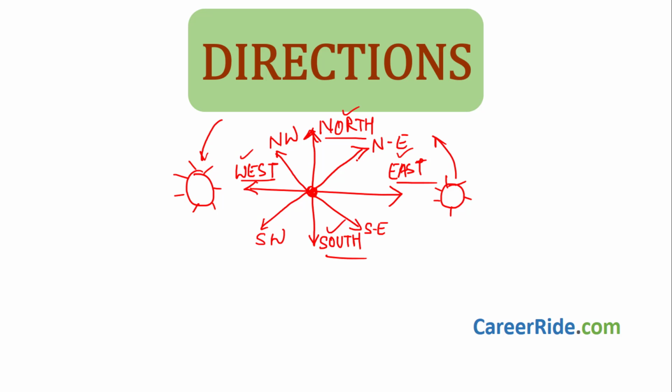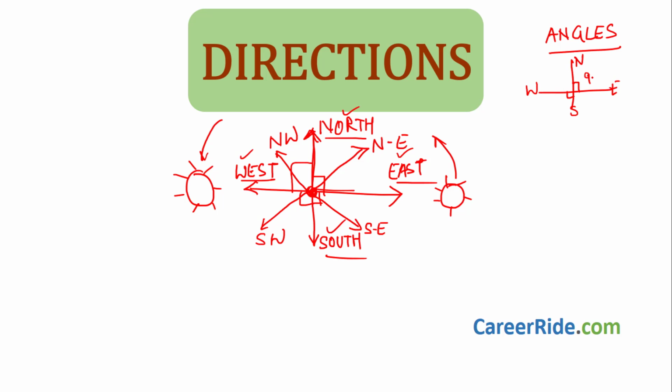Now let us move on to another concept, that is the angles between the directions. Now we have north, we have east. Between these 2 main directions the angle is always 90 degrees. East and south it is 90, south and west it is 90, as well as north and west it is 90 degrees. So there are 4 quadrants, each 90 degrees.